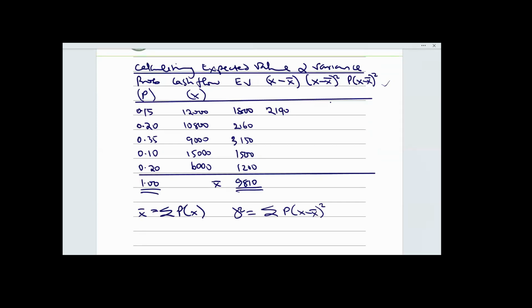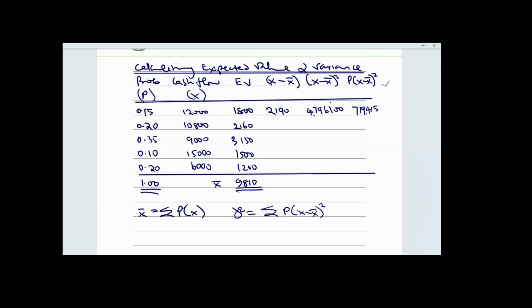I have 4,796,100. Then multiply by the probability of 0.15. I have 719,415. So that represents the variance of the first one.